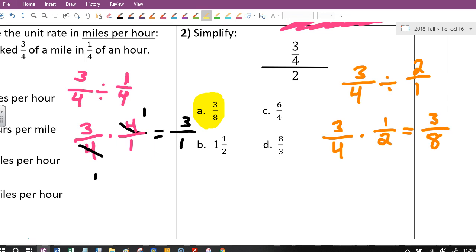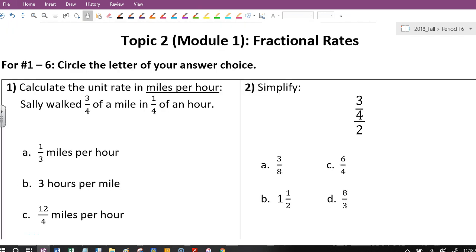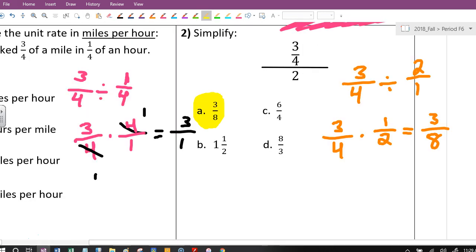So again, if you look at the answer choices before actually doing the problem, you can confuse yourself instead of helping yourself. Because look, 3 and 2, 6 over 4, well that looks reasonable if you didn't remember to flip this upside down first.